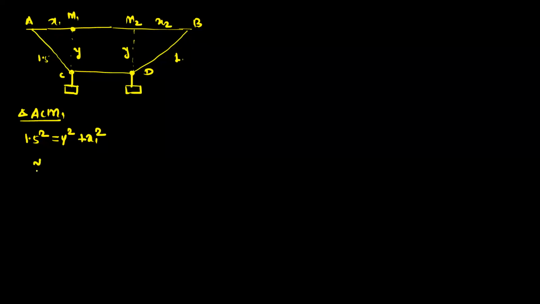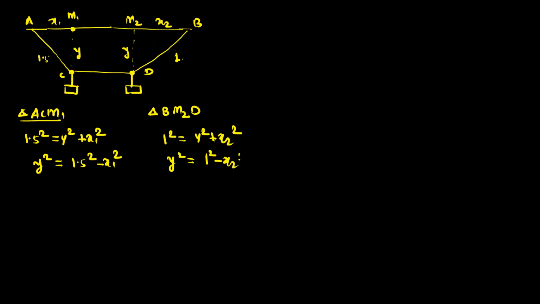So y square is equal to 1.5 square minus x1 square. Similarly, from the second triangle, BM2D, 1 square is equal to y square plus x2 square. So y square is equal to 1 square minus x2 square.